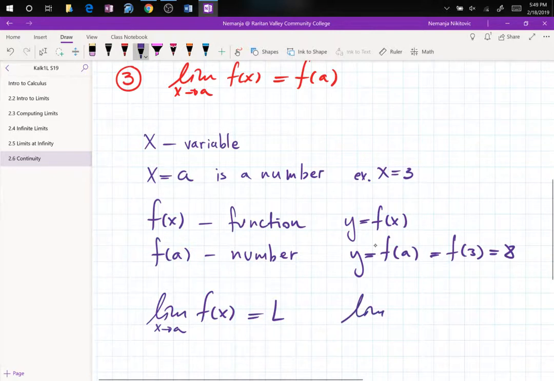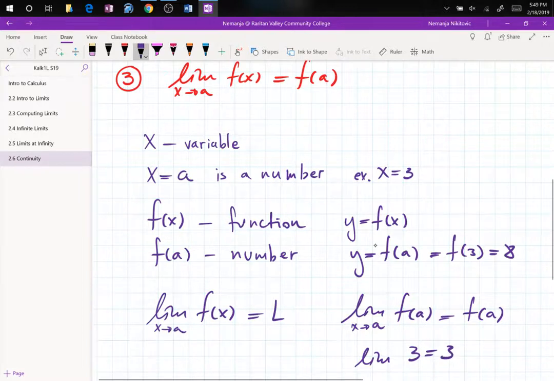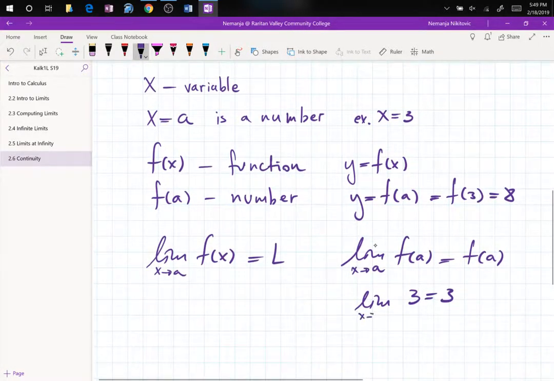The limit of f of a, which is what we never do, is just f of a, because the limit of 3 is 3. That's technically how silly the whole thing is, and this x can go anywhere. I'll put 100, it doesn't matter. So there is a big difference between f of a and f of x.